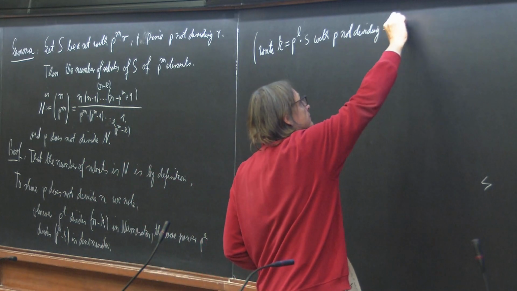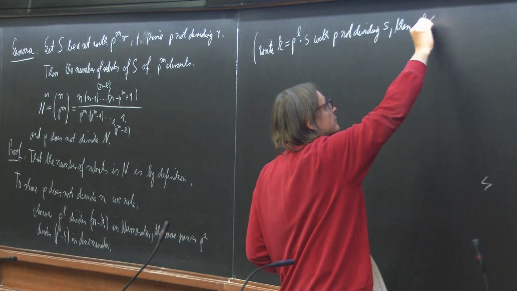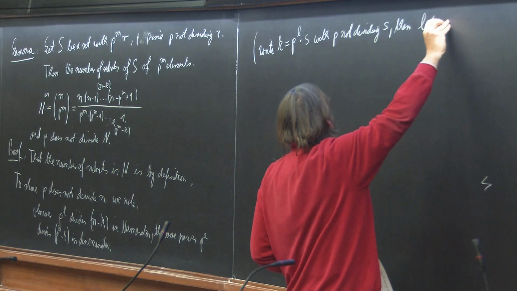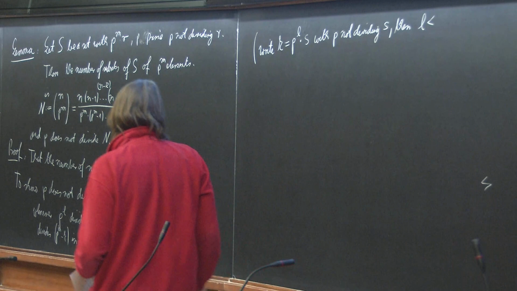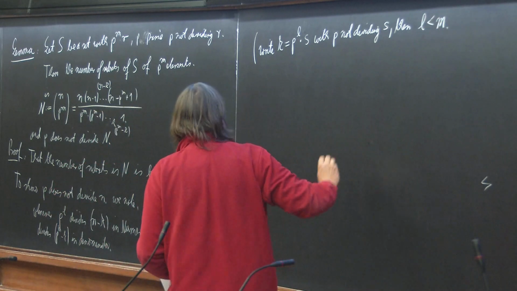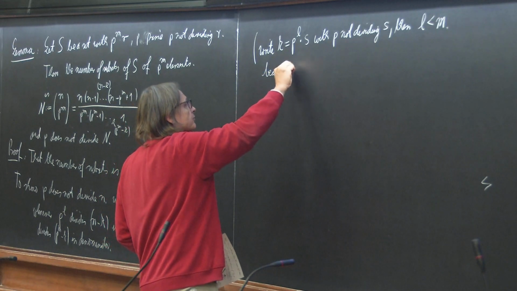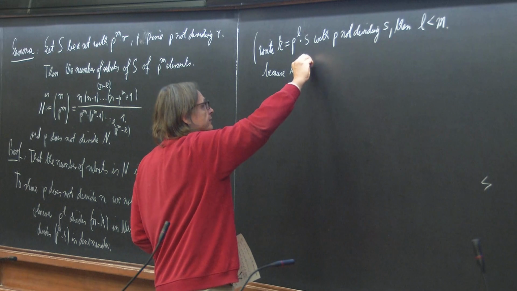Then l will be smaller than this number m, because k is smaller than p^m.